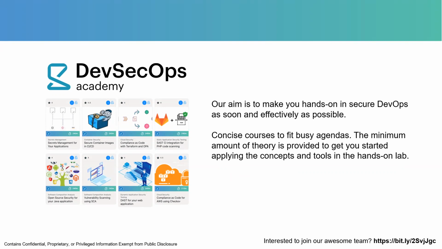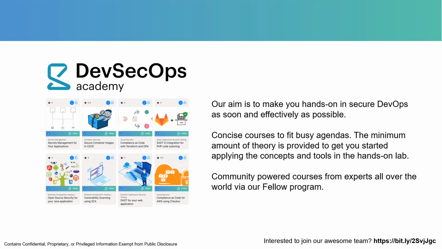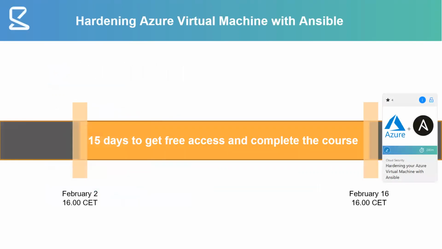We know how busy you are and you don't have time to do a big course, so we chunk it up in small pieces. You have the minimum amount of theory and you can get started applying the concepts and tools in our hands-on labs. Also, we have a community that powers the courses with experts from all over the world via our fellow program.